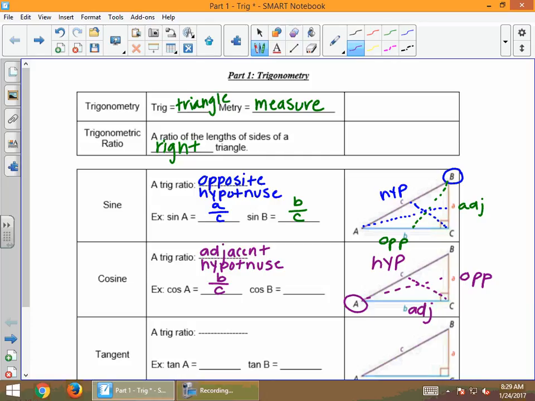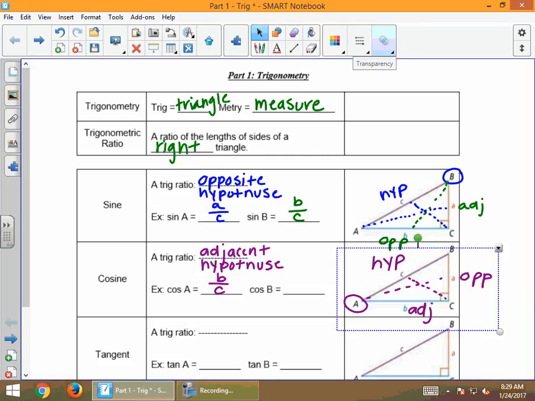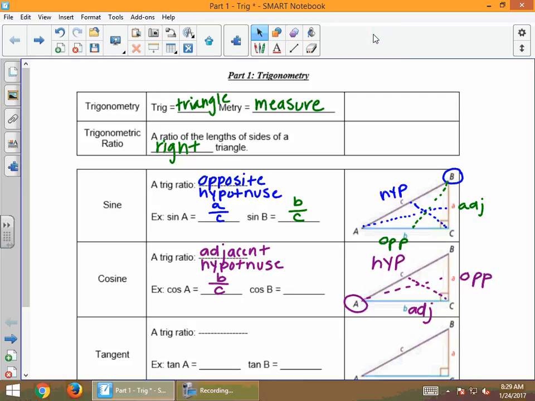When you find the cosine of angle B, you have to relabel your sides. So I circle angle B and relabel the sides. Always start with your angle and go directly across. That's your opposite.